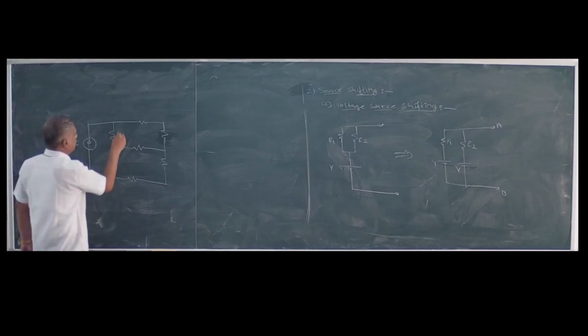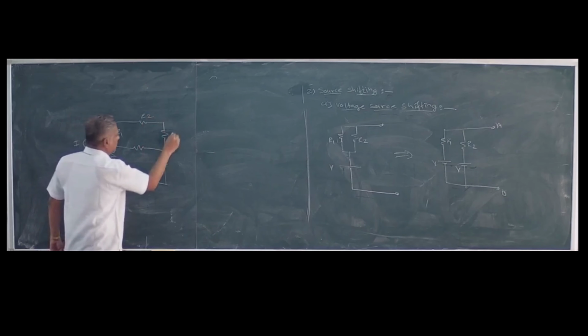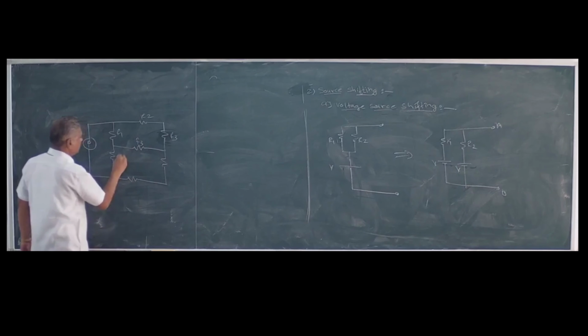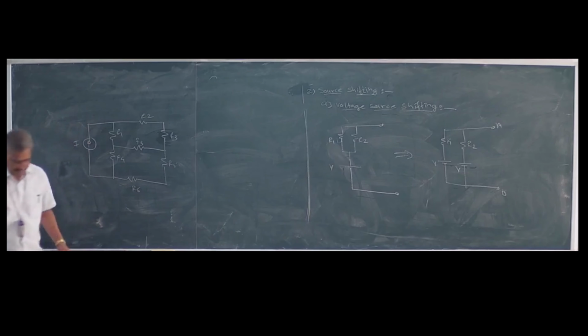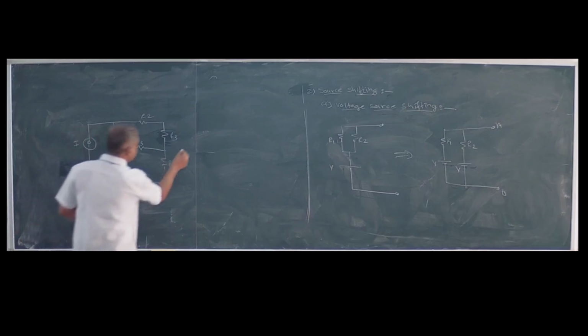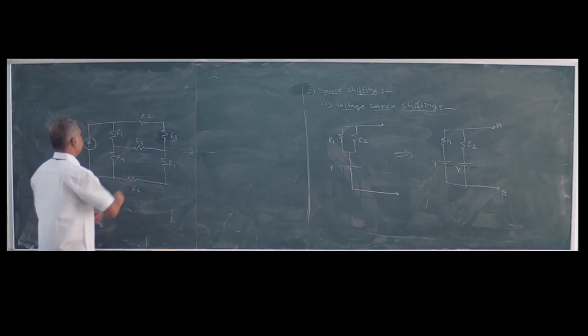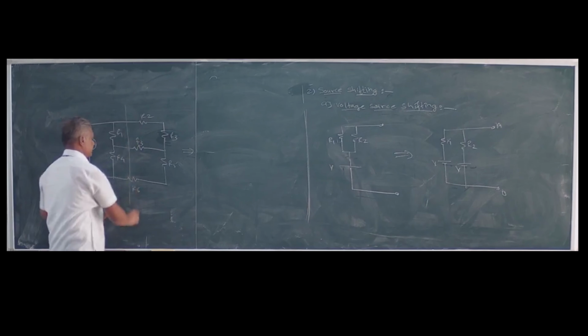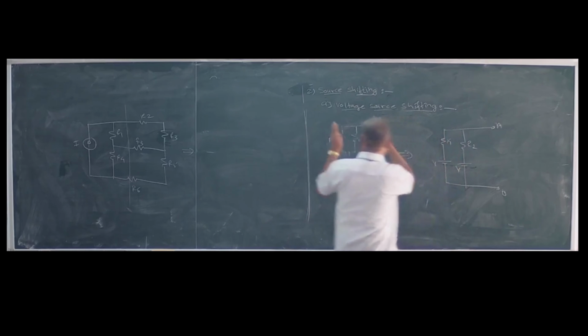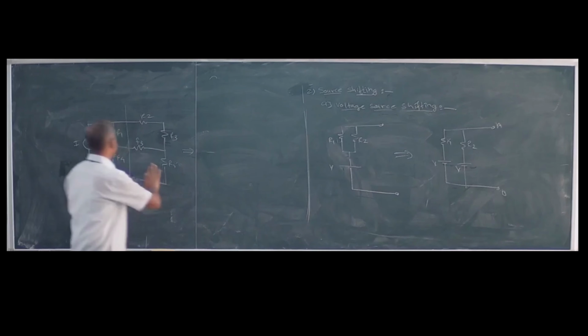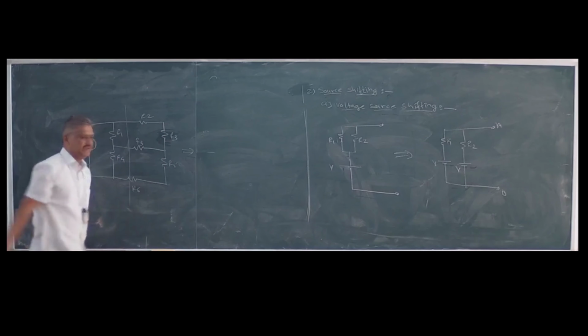This is I. This may be R1, R2, R3, R4, R5, and R6, whatever. Just we want to understand the concept of source shifting. I'm less bothered about this part of the network. Just like I have taken only this part of the network, in the similar way, I'm least bothered about the remaining part of the network.